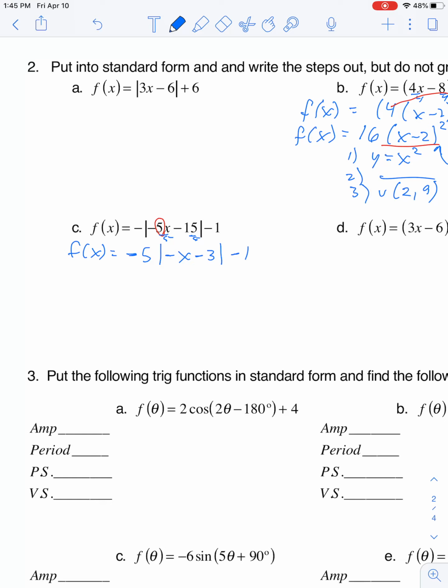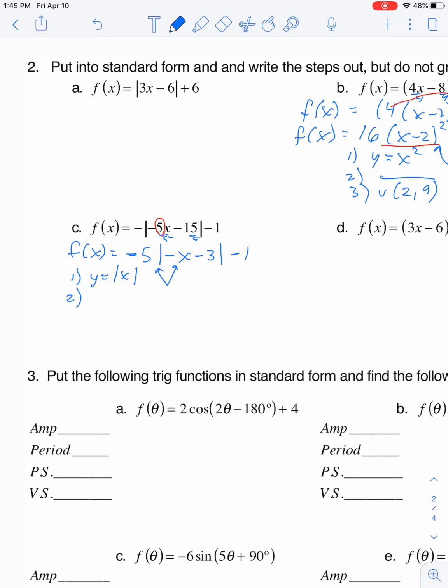All right, so let's put our steps in. And the first thing is our parent function. There wasn't another like this, but Mr. Stewart went over one of these previously in the notes. Y is equal to absolute value of x. And then our graph is actually going to be looking something like that for absolute value.